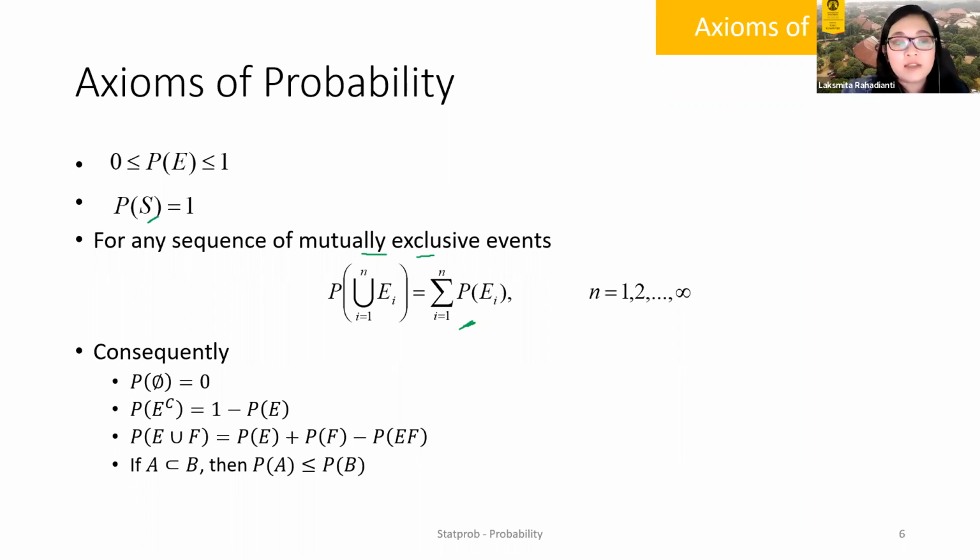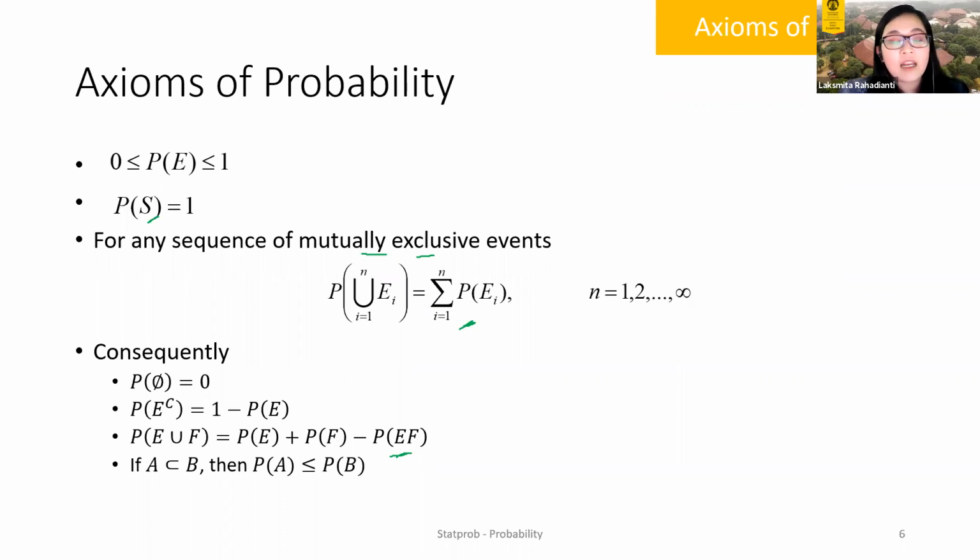And if we have simply the probability of E union F, we have to consider in case E and F are not mutually exclusive, and we have to subtract the probability of their intersection. So we can only sum them up simply if we know that they are mutually exclusive. And finally, when we're talking about subsets, if A is a subset of B, then its probability should also be less than the probability of B.